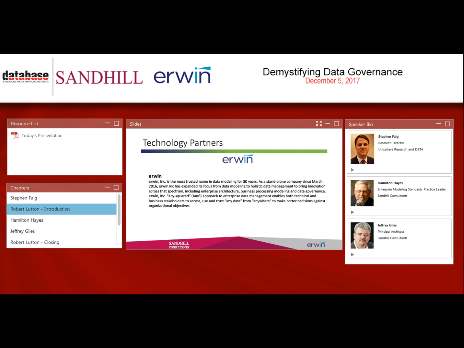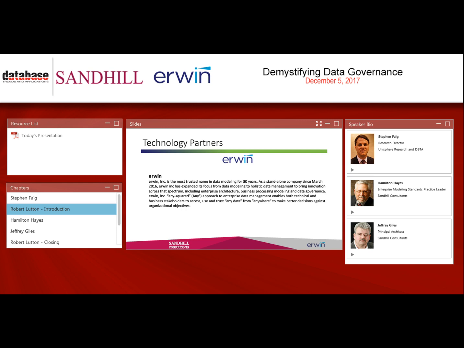We also have with us today, as Stephen introduced, our technology partner, Erwin. Erwin is the most trusted name in data modeling for over 30 years. I'm sure a lot of people now understand that as of March 2016, Erwin became a standalone company and has expanded its focus from data modeling to a holistic data management environment and brings innovation across the spectrum, including enterprise architecture, business process modeling, and data governance.